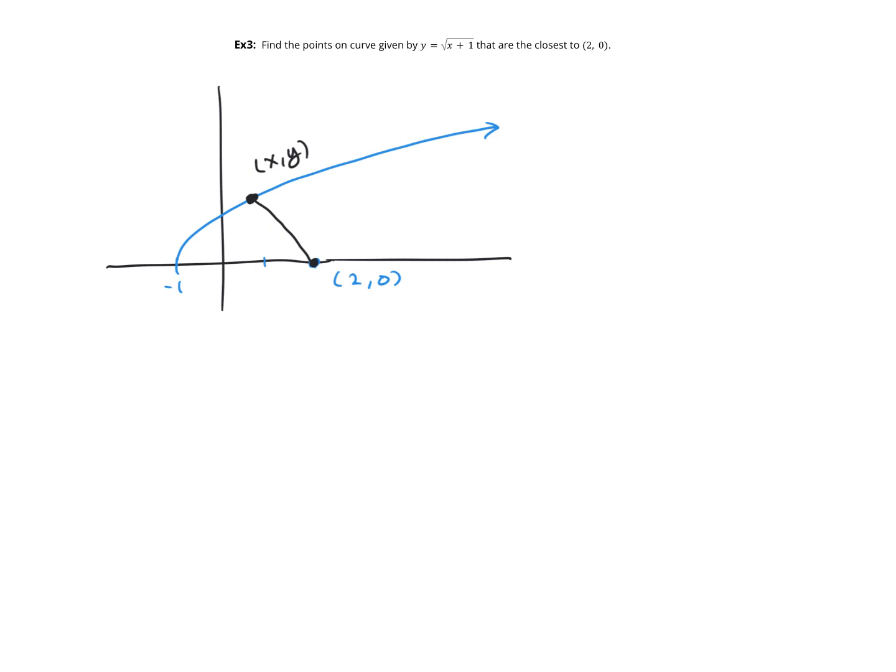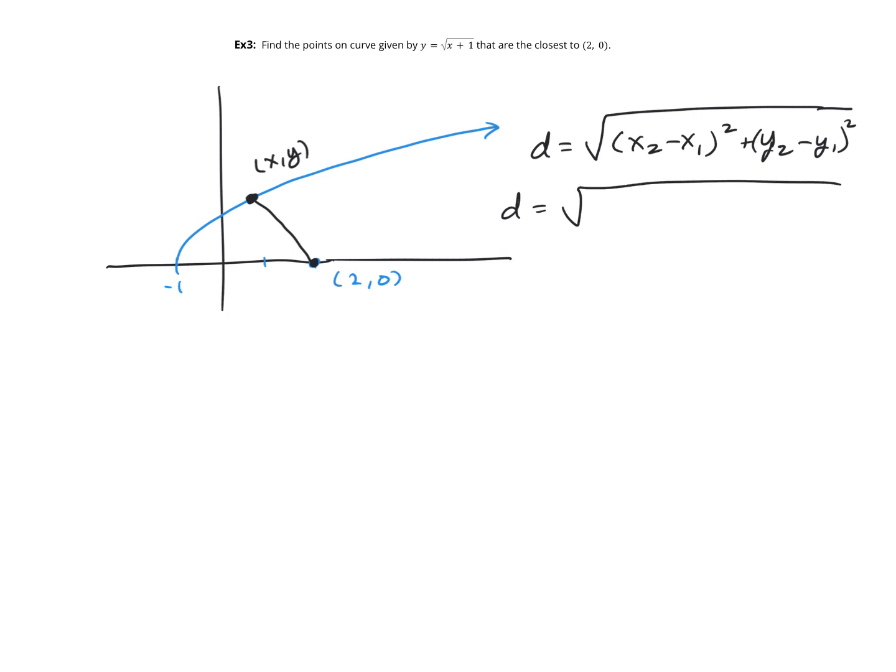So the first thing we want to do is go through and recall the distance formula from pre-calculus or college algebra. It is the square root of x2 minus x1 squared plus y2 minus y1 squared. And in this formula, you will notice that again, we want to make this as simple as possible for ourselves.